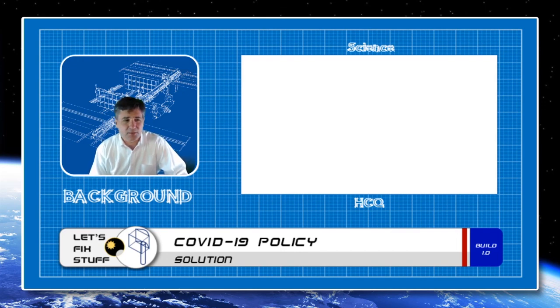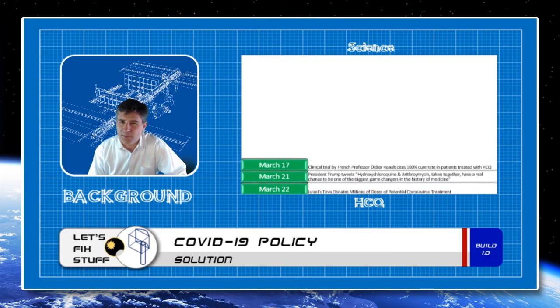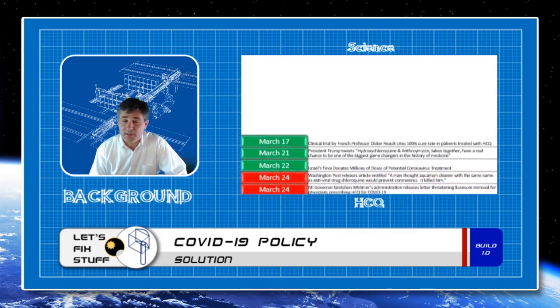Keep in mind that it was in early March, I think it was March 13th, that President Trump declared a national emergency around COVID-19. People were desperate for looking for signs of hope. So every time you see something in green in this timeline, you will see a sign of hope. Every time you see something in red, it's something that diminishes that hope.